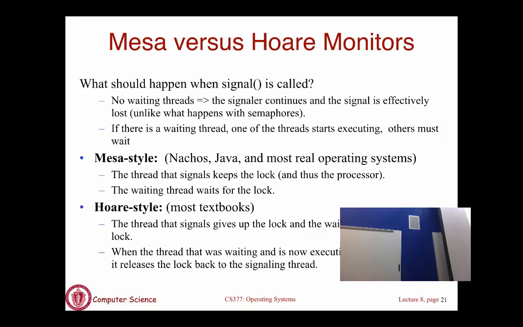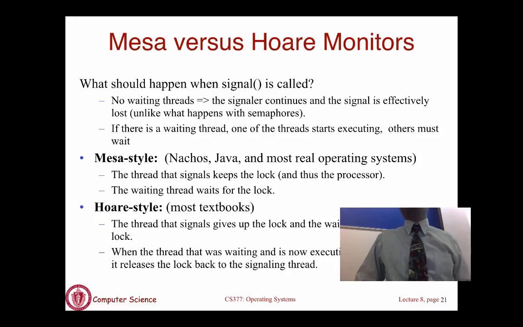You don't wait until the CPU scheduler has scheduled it, and then you sort of compete for the lock and so on. There's an explicit transfer. Okay? So in this case, I will see that actually simplifies a few things when you write code. When the thread was waiting, it starts executing, it already has the lock, because it got transferred. Okay? So there are these two methods. They are implementation details. At a higher level, they are both monitor implementations.